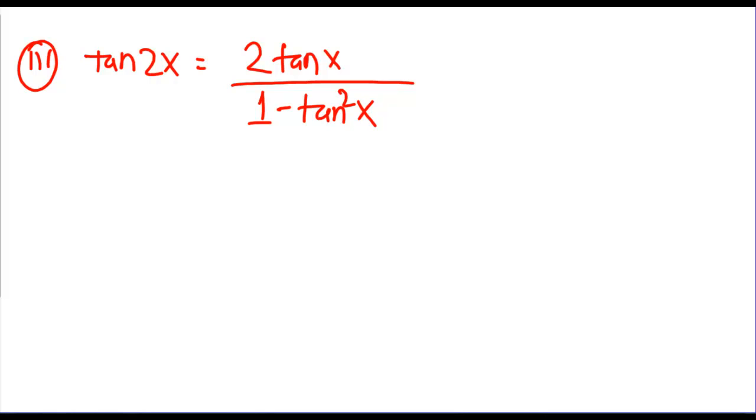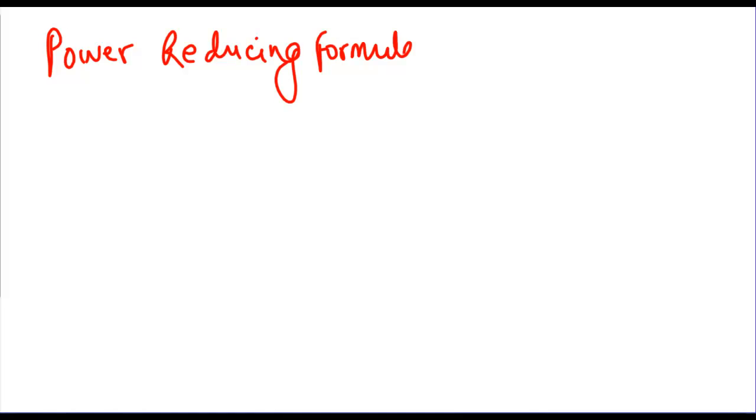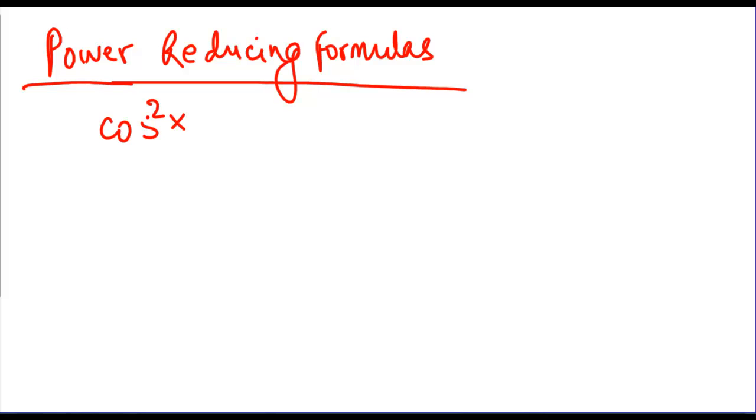Okay, now the next thing we're going to move on to is something called power reducing formulas. There are some formulas which help us reduce the power. Which means basically, if we have a cosine square x, how can I get to cosine of the double angle?